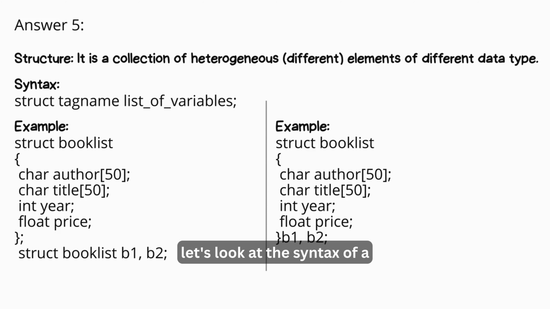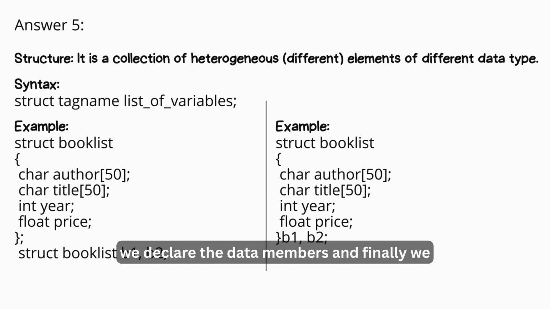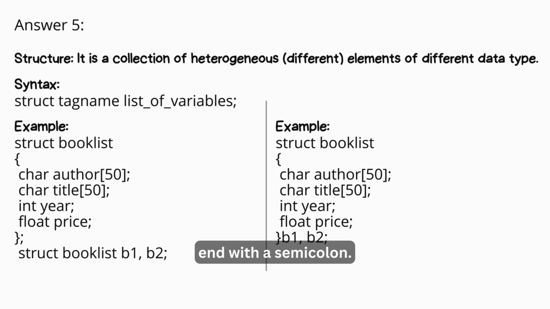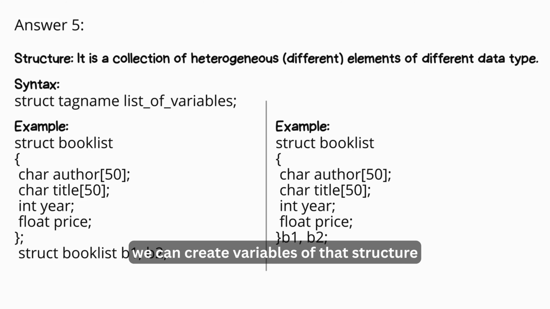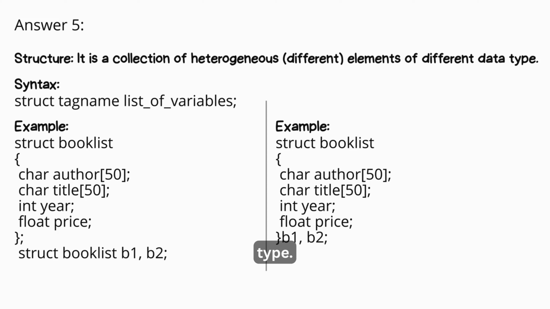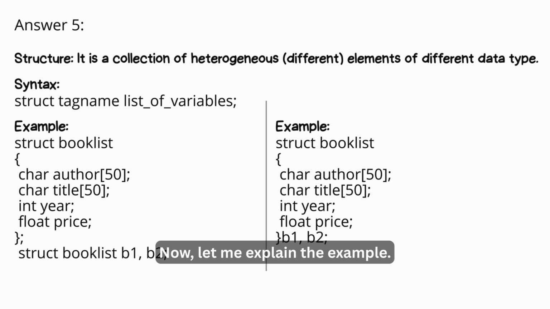Now, let's look at the syntax of a structure declaration. We start with the keyword struct followed by the structure name. Inside the braces, we declare the data members and finally we end with a semicolon. After defining the structure, we can create variables of that structure type. Now let me explain the example.